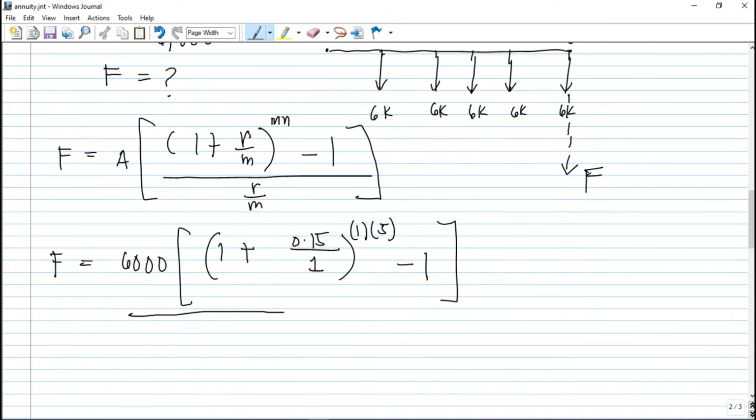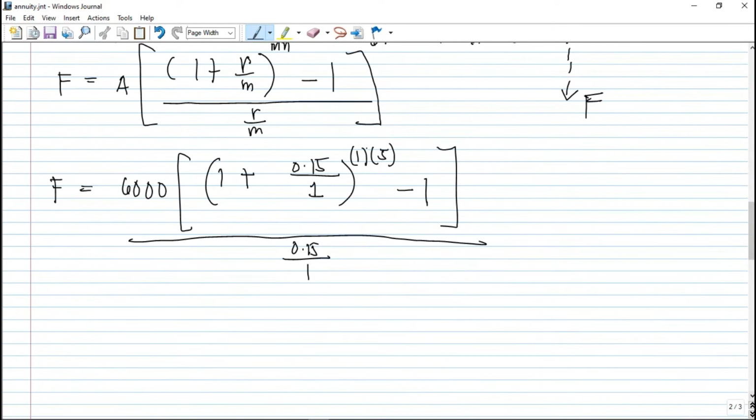All over, you have here R over M. So, R is 0.15, 15% annually. So, 1. Okay, let's just input this in the calculator. So, F equals 40,454.29 pesos. So, this is your future cost of the annuity.